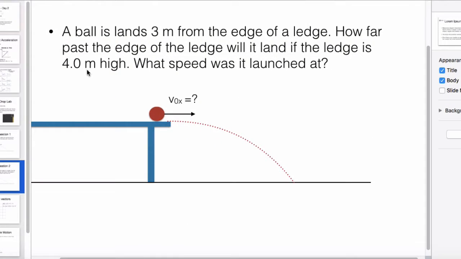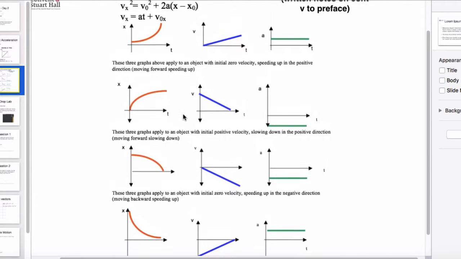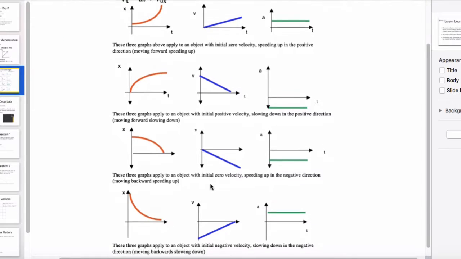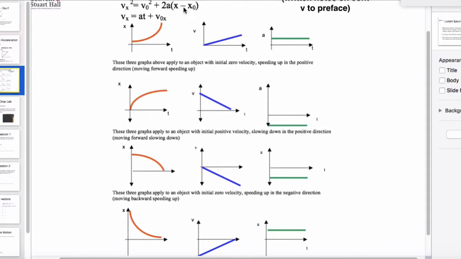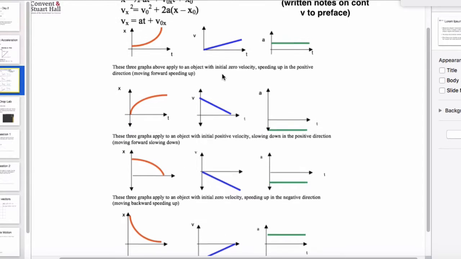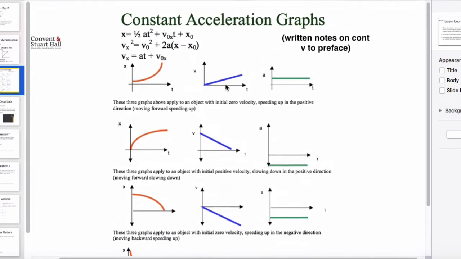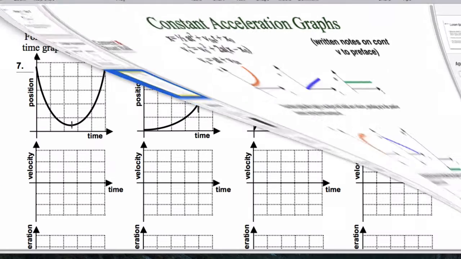I'm just going to go ahead and open this up. These are the graphs that I'm referring to for this problem. You may want to have these open while you're working, or just available in front of you while you're watching this video, because I'm not going to be flipping back to this page. I'm going to be using these graphs to figure it out.